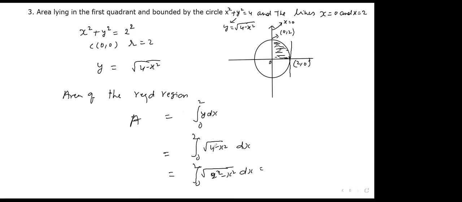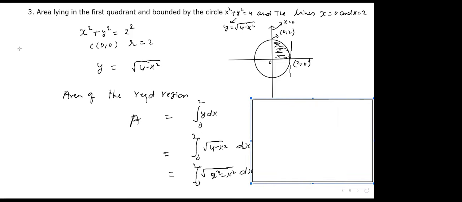Using this standard formula, we have x over 2 times root over a square minus x square, that is 2 square minus x square, plus a square by 2 times sine inverse x over 2, with limits from 0 to 2. First we put the upper limit, that is 2.